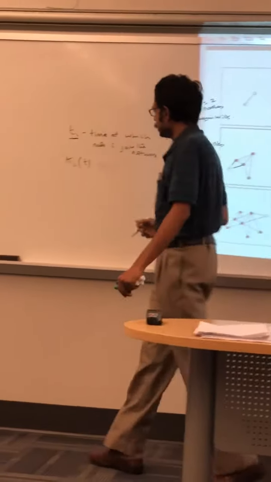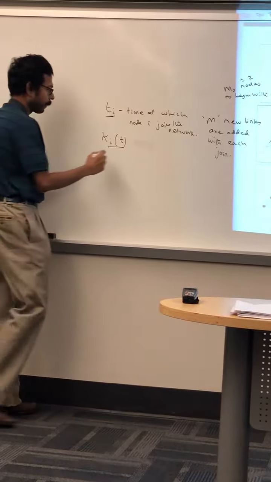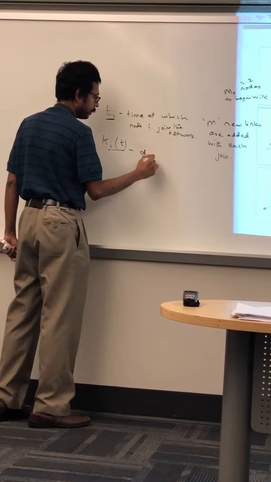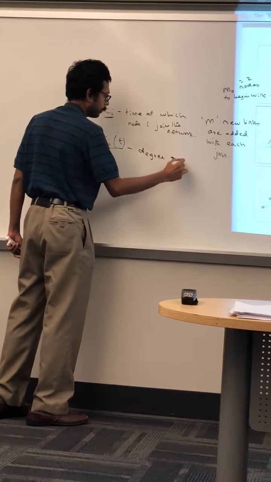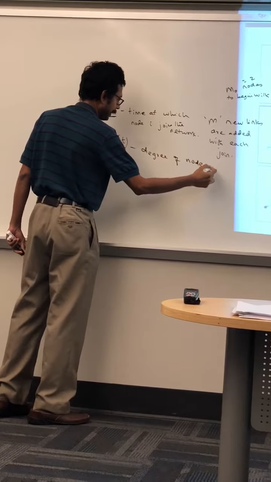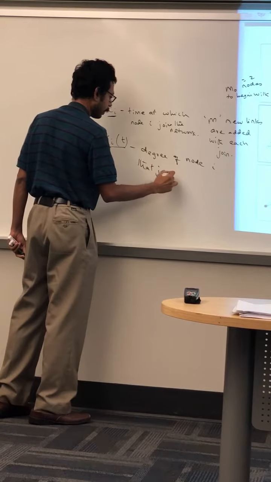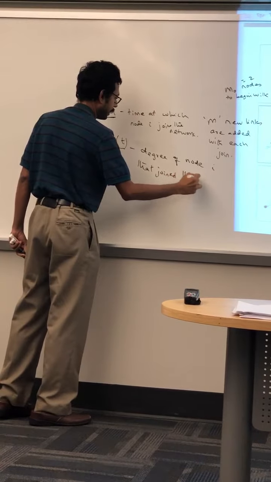So we denote something like ki(t), which is basically the degree of node i that joined the network at time ti.